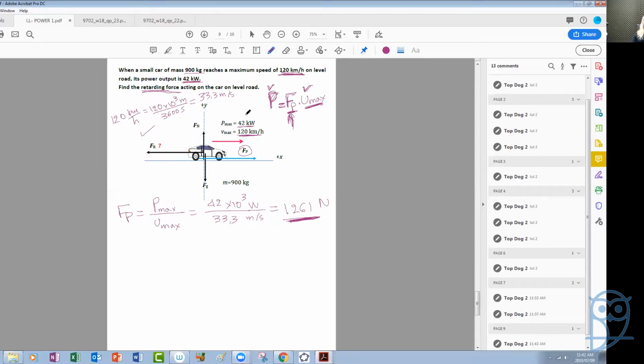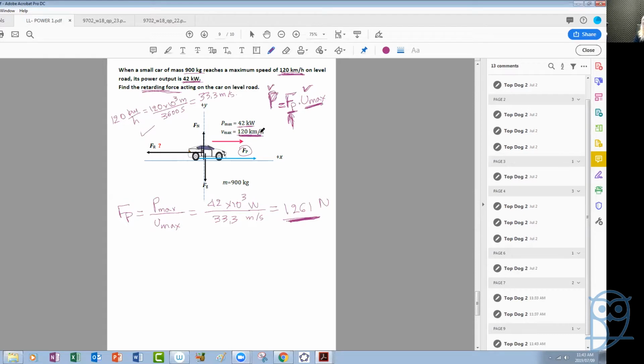This means that once it reaches this maximum velocity of 120 kilometers per hour, it stays there now, and this is its maximum power. So we are going to assume that we are at this portion of the travel where the velocity stays at 120 kilometers per hour, meaning the car travels from now on at constant velocity.